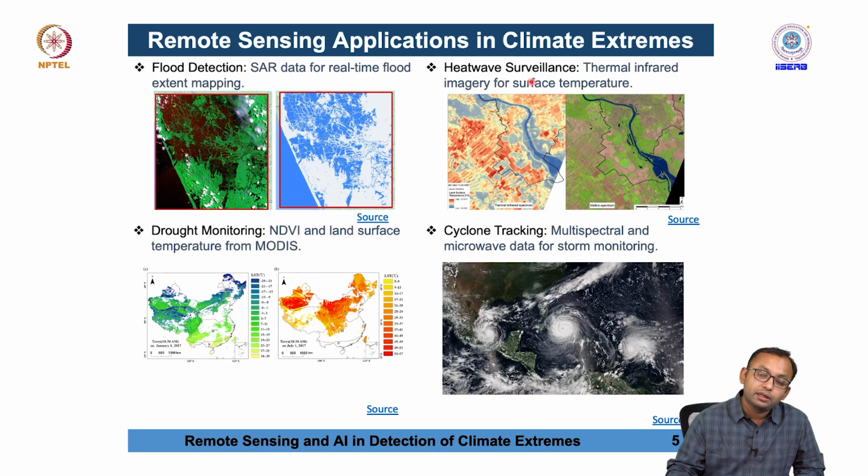We can use heat wave surveillance, using thermal infrared imagery for surface temperature mapping, and that will tell us how different regions behave in extreme temperature, which area is more prone to the urban heat island effect, for example, or which area is highly raising the surface air temperature.